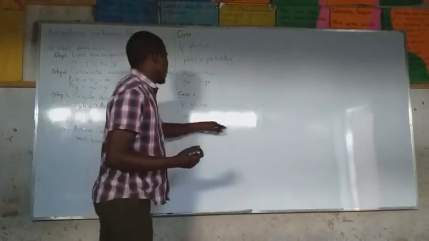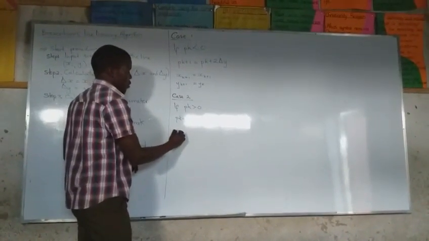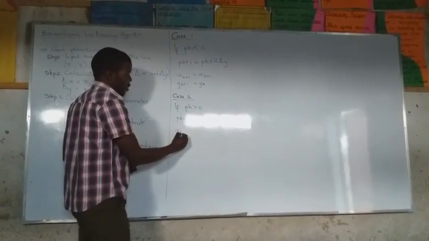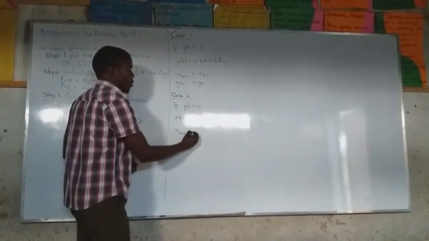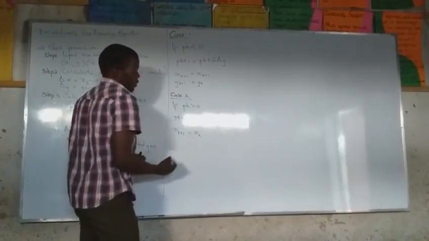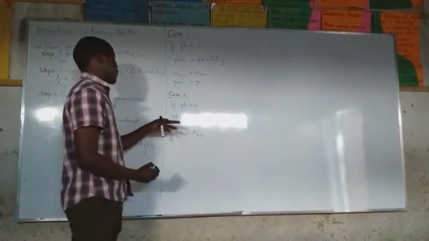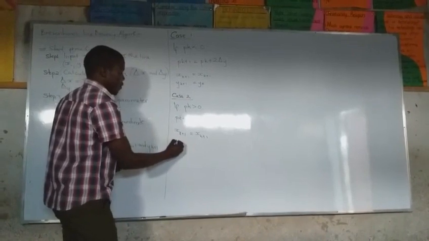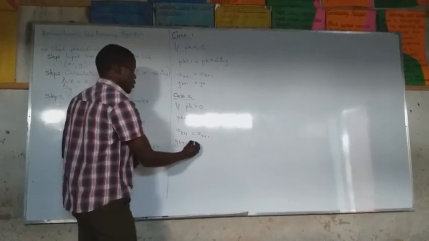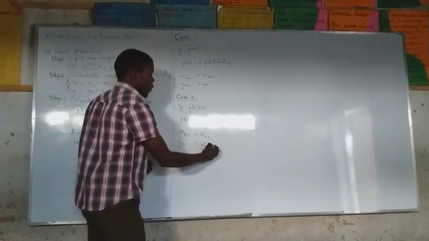So if we calculate our next decision parameter, let's say we want to calculate the next coordinates for x, that is xk plus 1, it will be calculated by adding 1 to the current position for x, which is xk plus 1, and for y, the next coordinate will be yk plus 1.